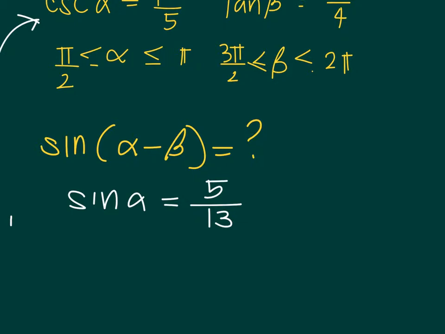We have to find sine beta. But how, knowing that this is what we have to find, what should we do first? So you're correct, we will be using beta, but what is sine of alpha minus beta?